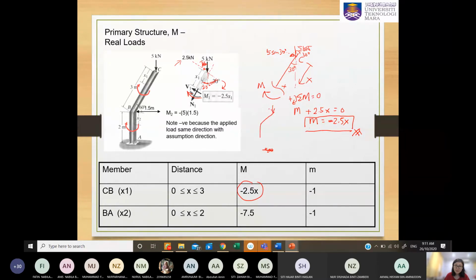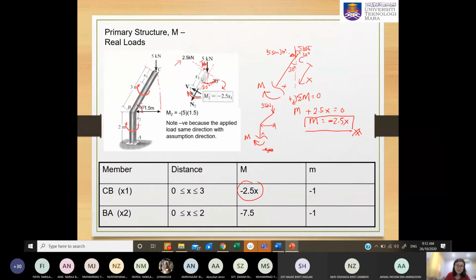You may put it in your notes. 5 kilonewton. They are cutting the right section, not the left section, because they don't want to determine the AX, AY, and MA. So this is your moment. Now you need to know this 5 kilonewton, what is the distance to x, and it should be measured perpendicular. So how to get that? You need to solve this geometry.